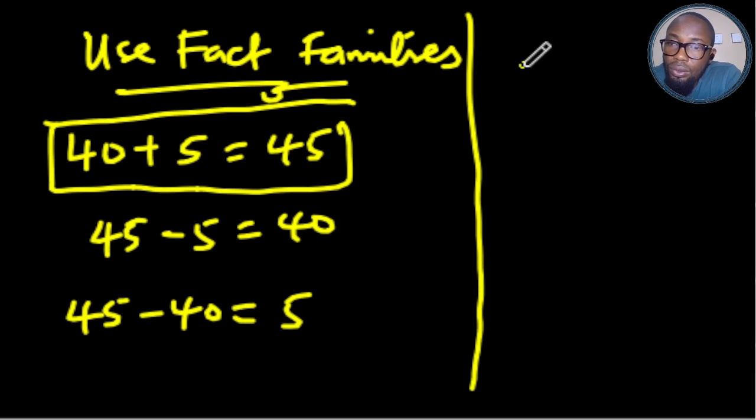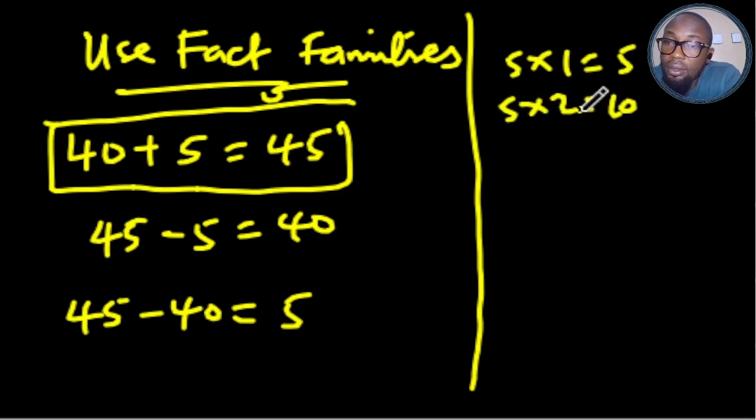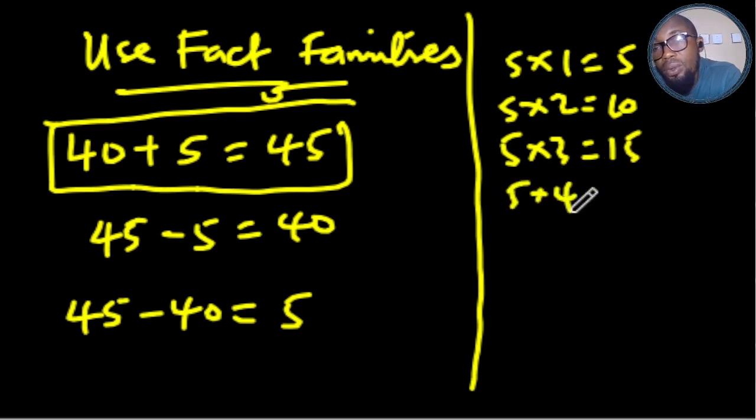If I ask you to read the multiplication table of 2 or table of 5, and you say 5 times 1 is 5, 5 times 2 is 10, 5 times 3 is 15, and 5 times 4 is 20. Now, if I'm going to teach division, we only need to use this fact family to teach the division. If I multiply 5 items by 4 and I get 20, what will I do?